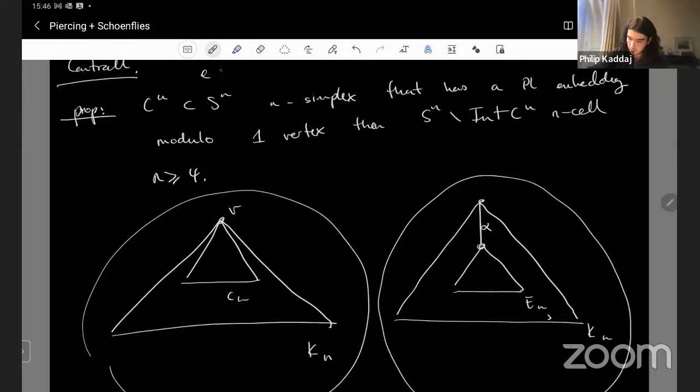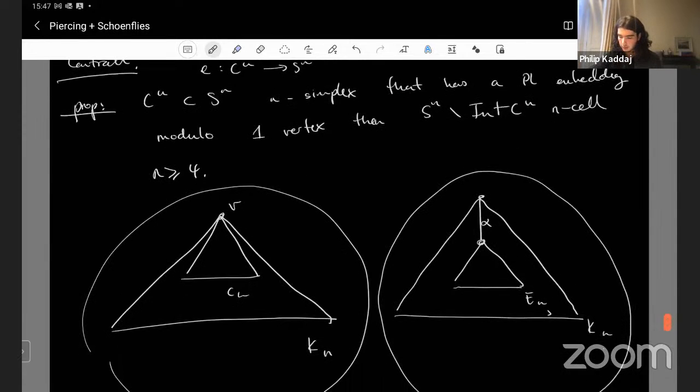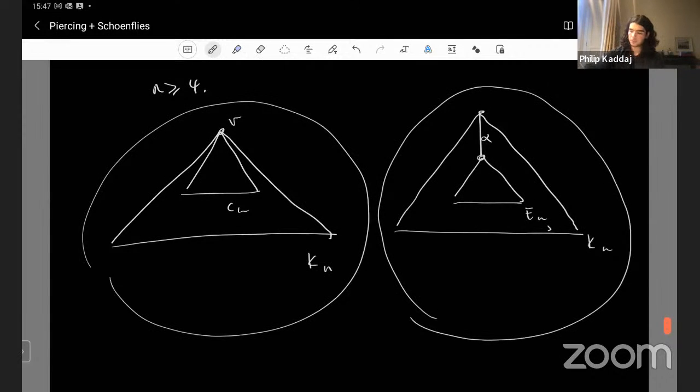So if E is an embedding of Cn into Sn, and Cn is a subsimplex of K, then we can extend it to an embedding that's also piecewise linear modulo that vertex. So we extend it, and then the idea is to show that the following sets are homeomorphic.